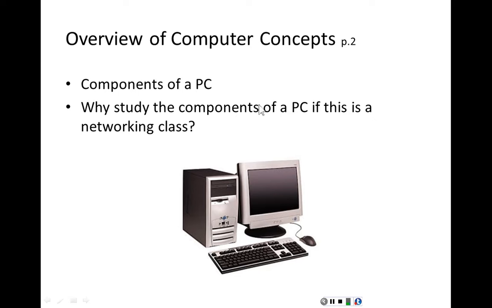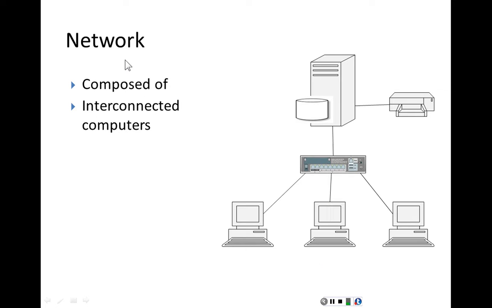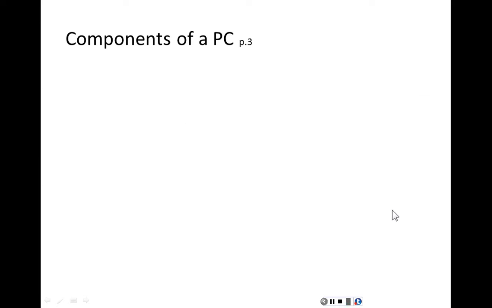And the answer is that a network is composed of interconnected computers. So if there's something wrong with the network, there's a possibility that there is something wrong with one of the computers on the network.